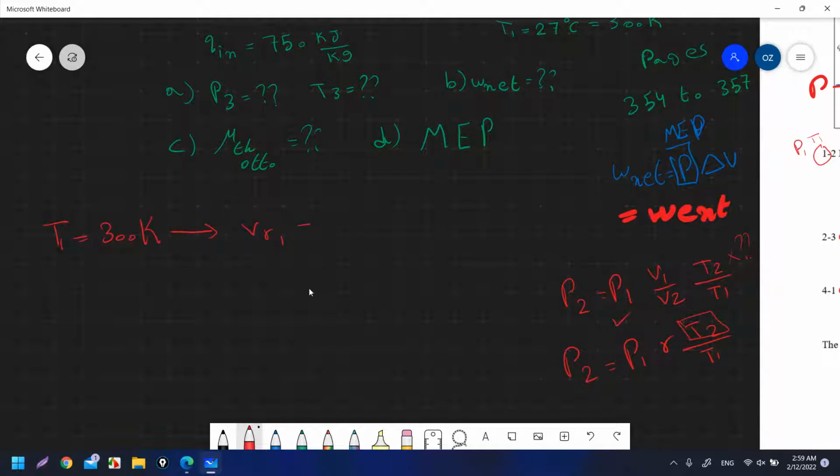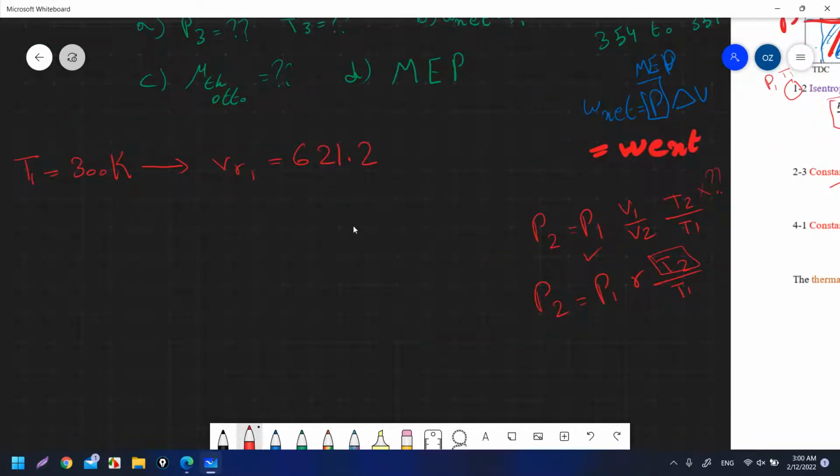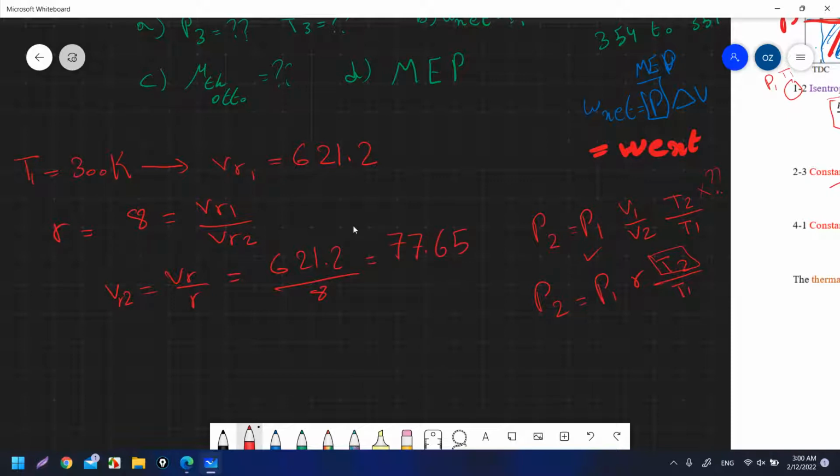I will use the compression ratio equation, r equal to vr1 over vr2. So r, which is equal to 8, equals vr1 over vr2, and vr2 is equal to vr1 over r, 621.2 over 8, and this will give me vr2 of 77.65. Now I can find T2.